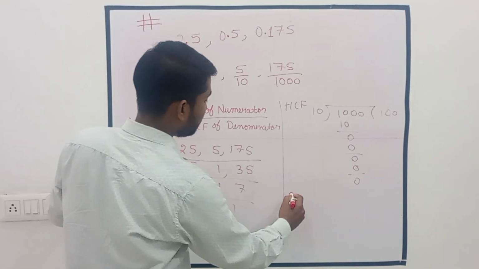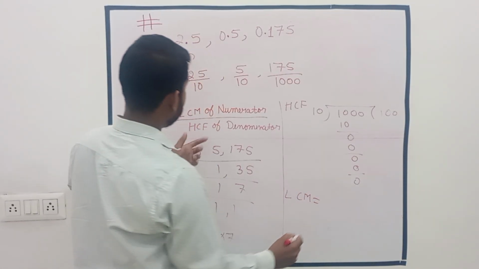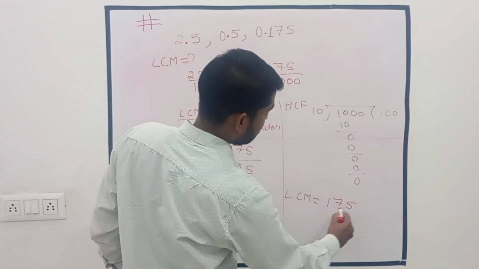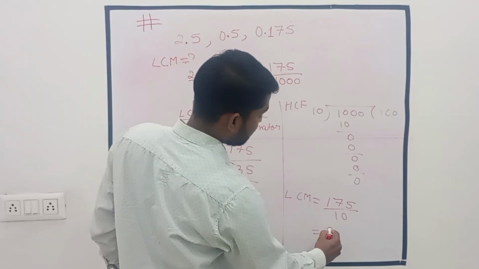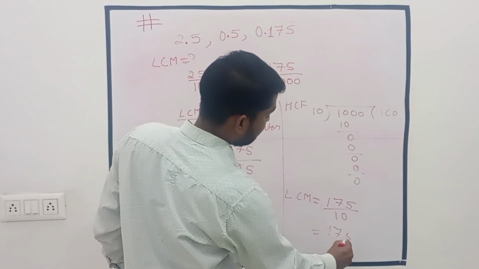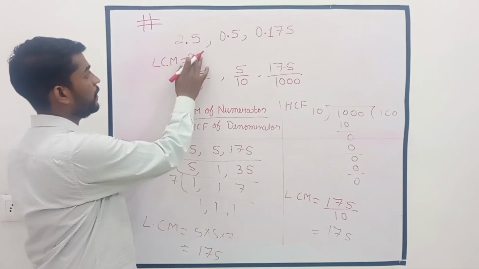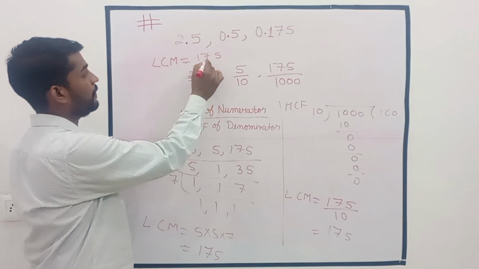Then we have the answer: the LCM of the numerators is 175, and the HCF of the denominators is 10. That means 175 divided by 10 is 17.5, so the LCM of these numbers is 17.5.